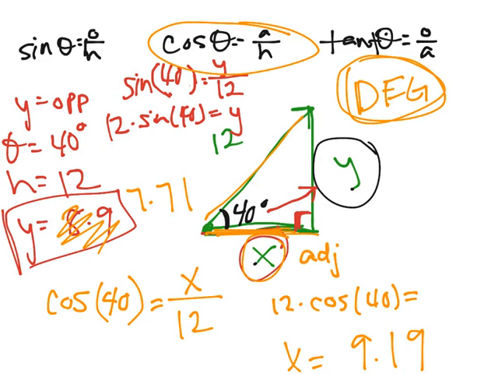So I want you to try one on your own. So let's say we have some force that's being pushed up and to the left at a 30-degree angle. So that's 30 degrees here. At a 30-degree angle, and I want to know what my x component is and what my y component is.